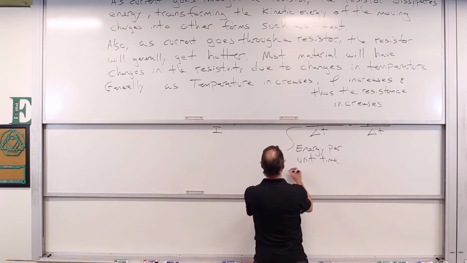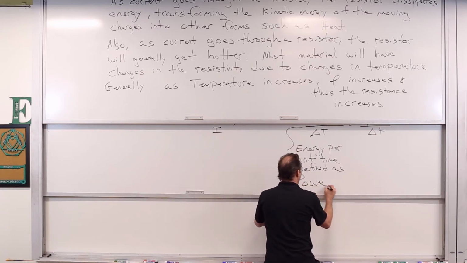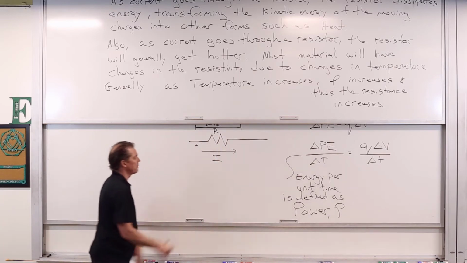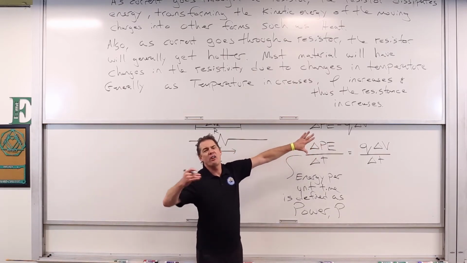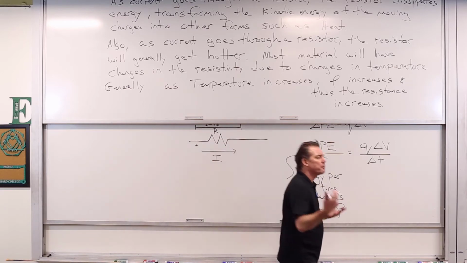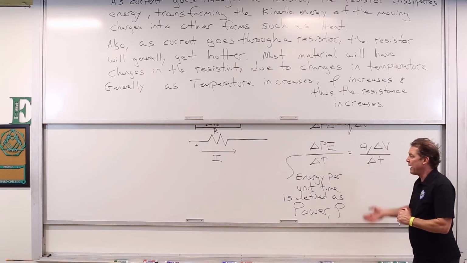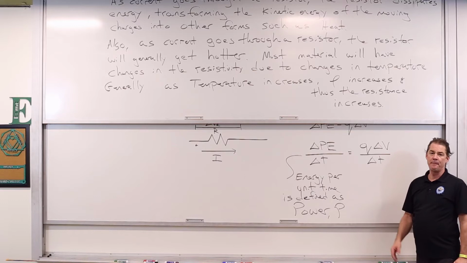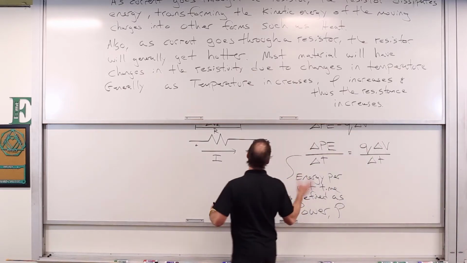Energy per unit time is defined as power, P. We use this kind of scripted P for it. This is the energy delivered per unit time to the resistor, or in the same way, the energy dissipated by the resistor per unit time. This is the power supplied or power dissipated by a resistor.